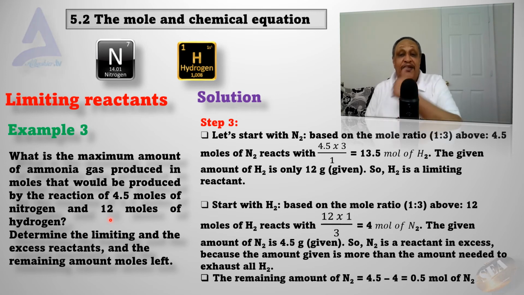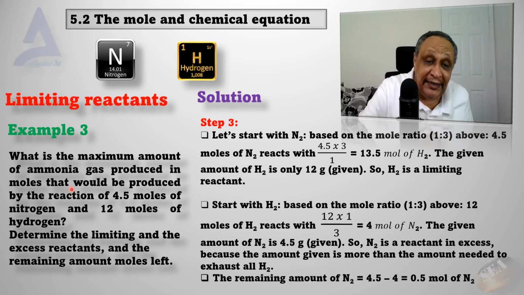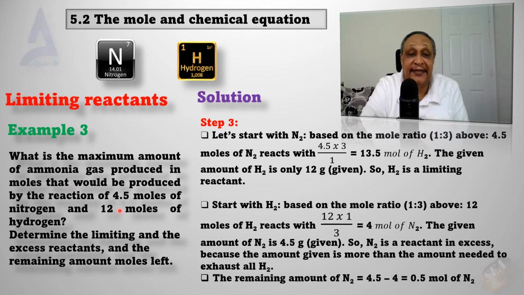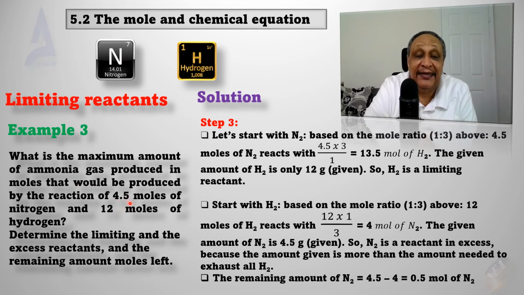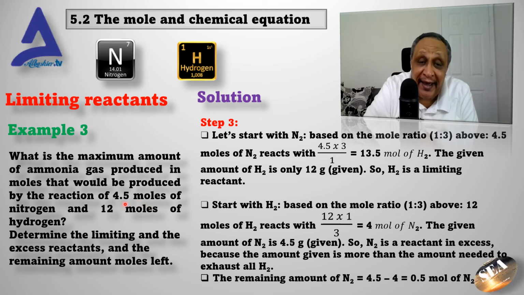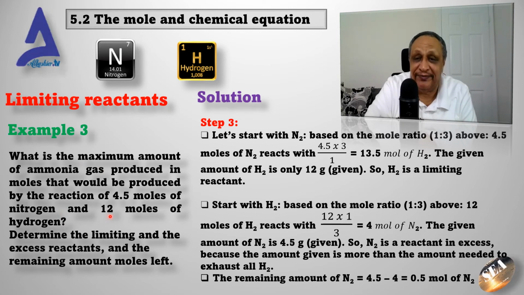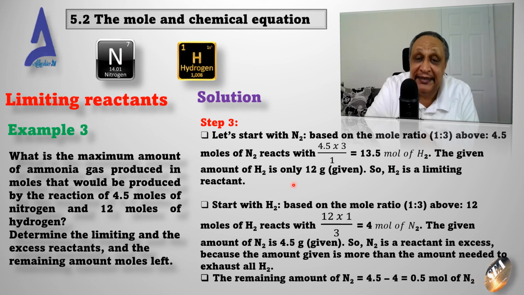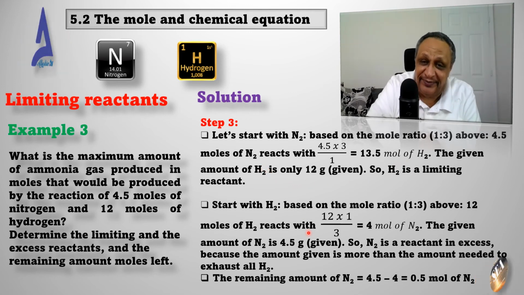Now, when you go back to the example, you are going to see that the given amount of nitrogen is 4.5 moles, which is more than the 4 moles needed by the 12 moles of hydrogen.